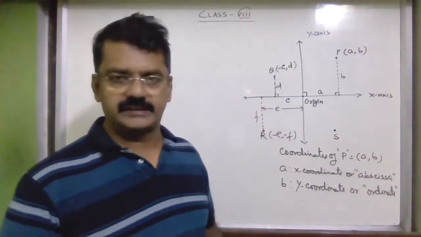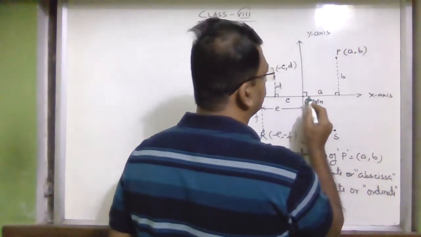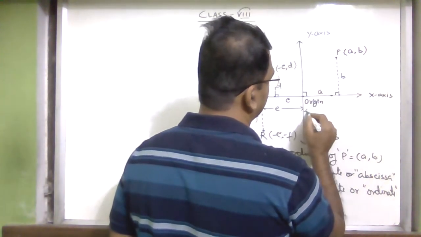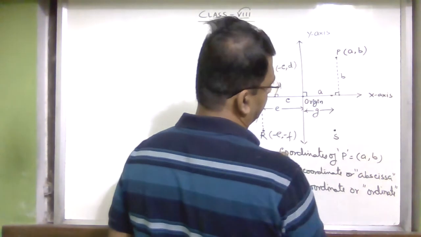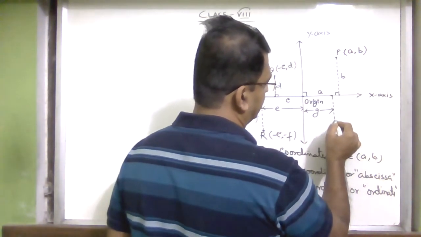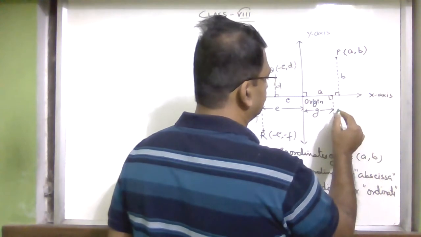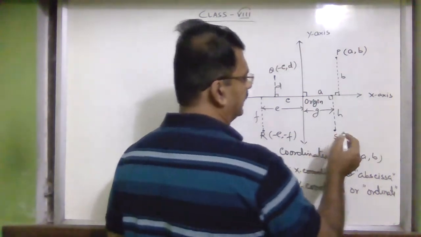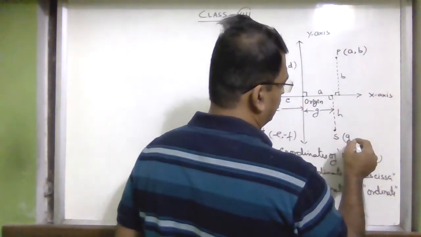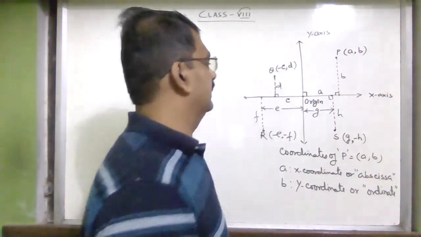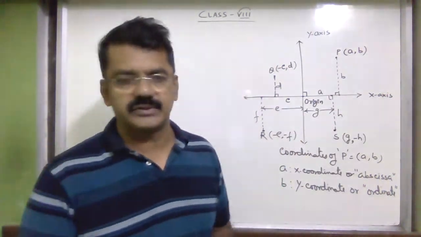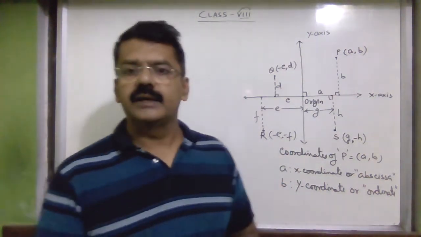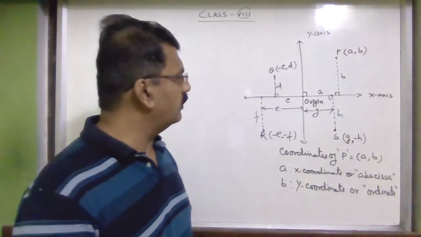To reach that point S, first you have to move, say, a distance g in the positive x direction, and then after turning 90 degrees you have to move a distance h to reach point S. Now the coordinates of point S will be g comma minus h, because you can see g is in the positive x direction, so it is taken as positive, and minus h. So g comma minus h is the coordinates of point S. Clear? Now what happens?